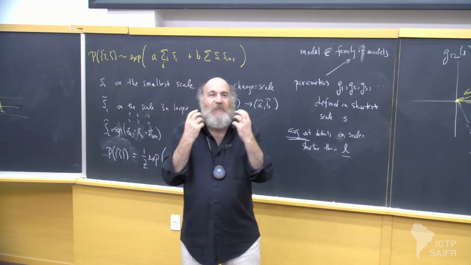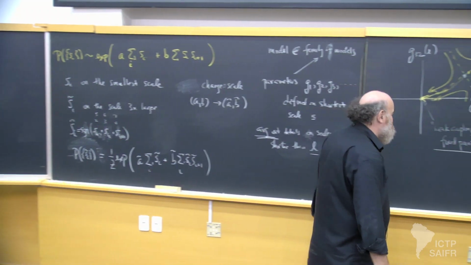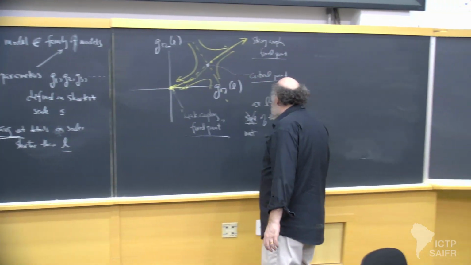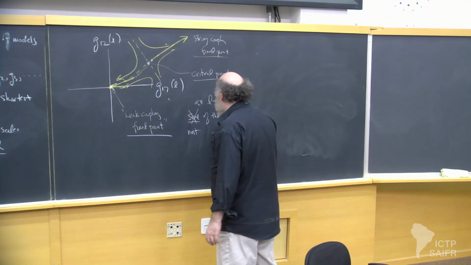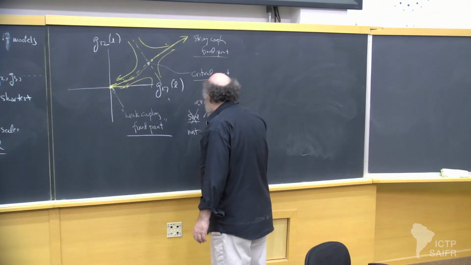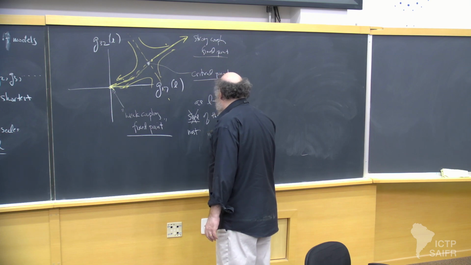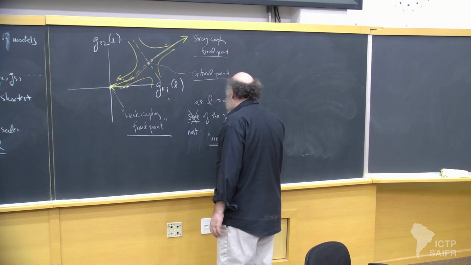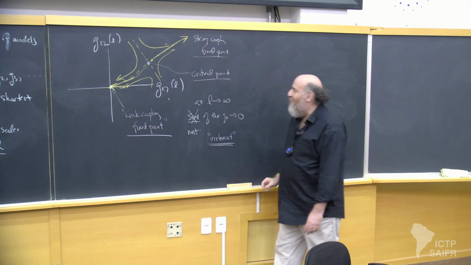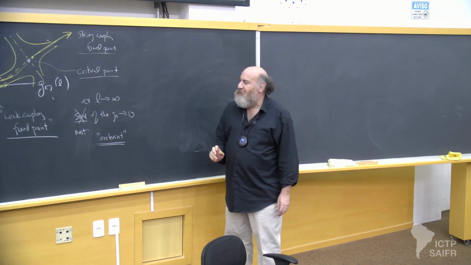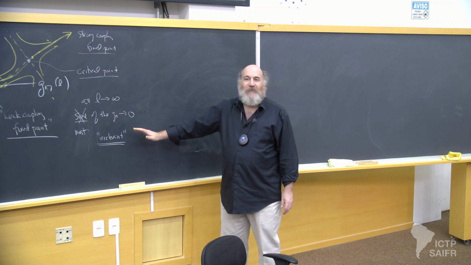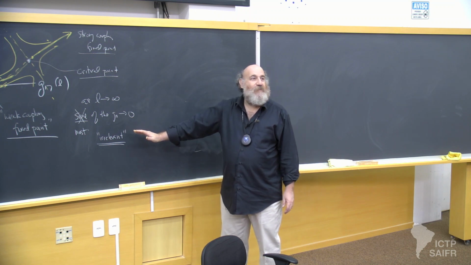So this is why, for technical reasons, these things are called irrelevant. And one of the things that I love about this field is that the word irrelevant has a technical meaning.